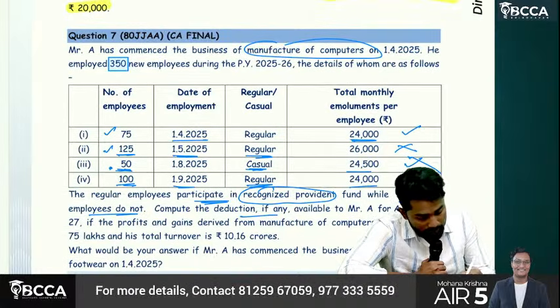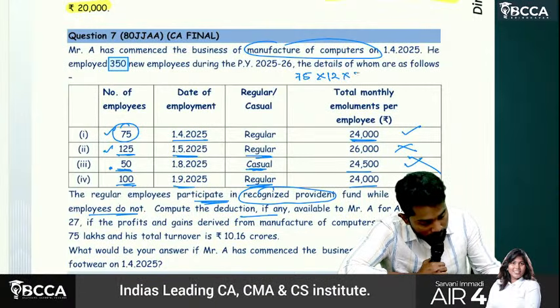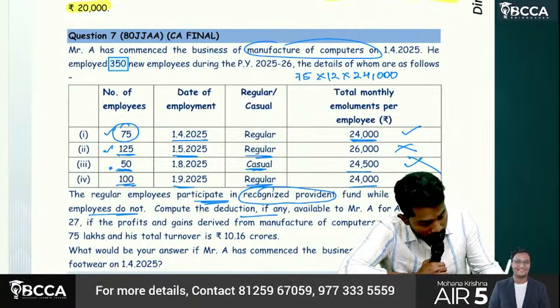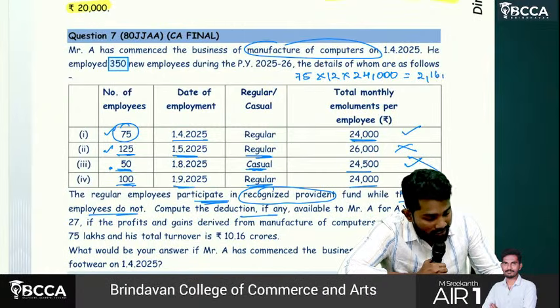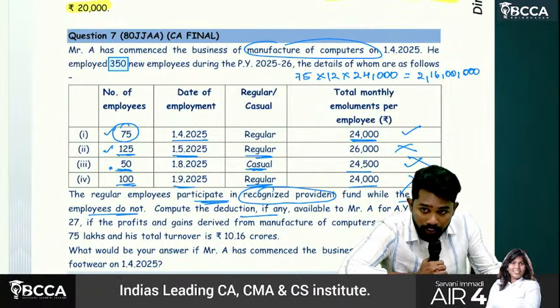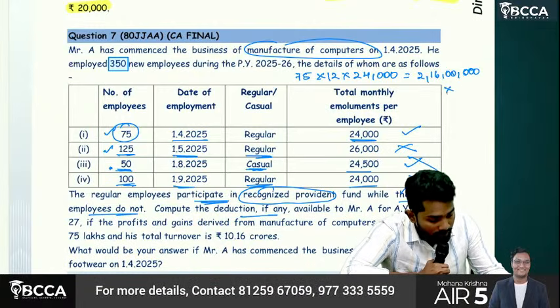Compute the deduction available. What is the deduction available, sir, for these 75 employees? 75 into 12 into 24,000. 2 crore 16 lakhs is the additional employee cost. Can we claim the total additional employee cost as deduction? No. Into 30%.